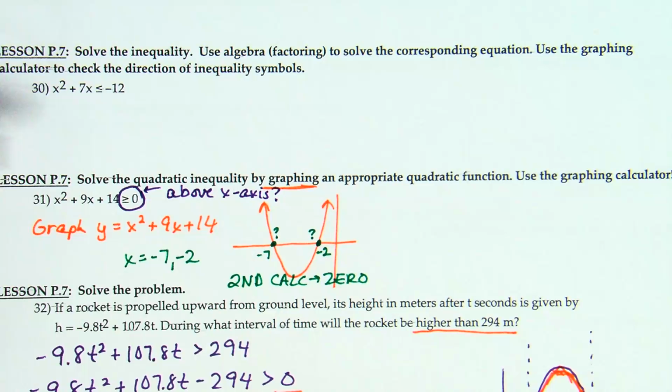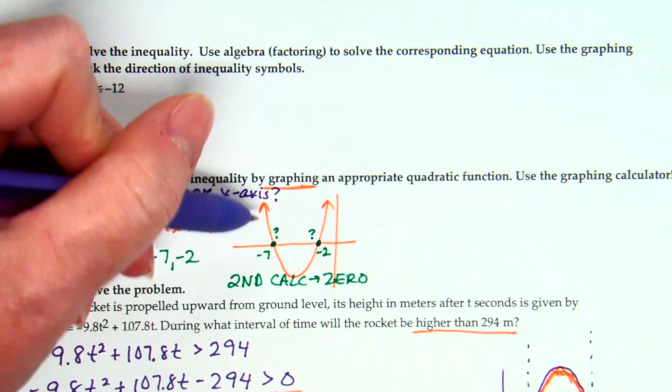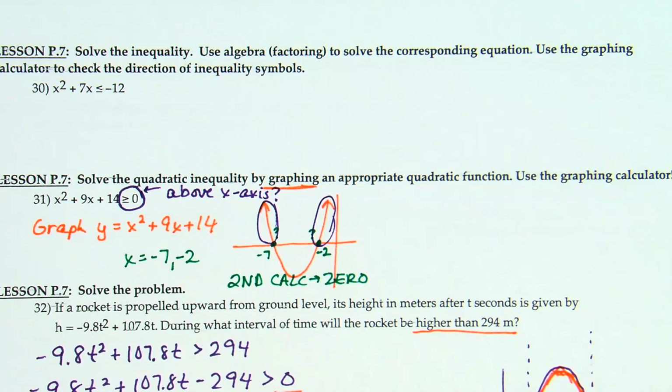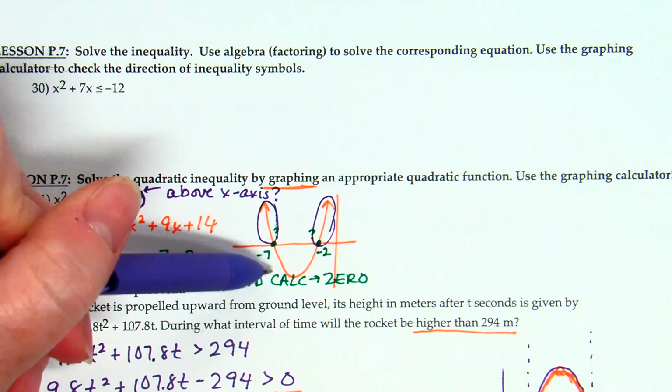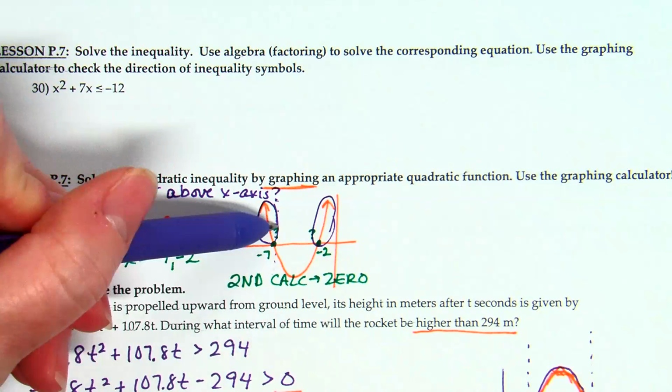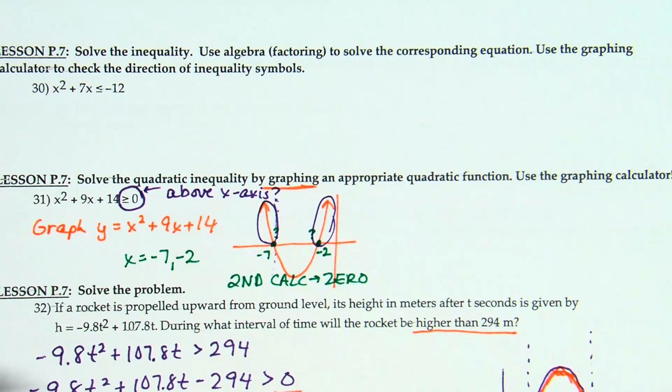So, where is my graph above the x-axis? It's those 2 outside pieces, right? So, this piece on the left is to the left of -7.